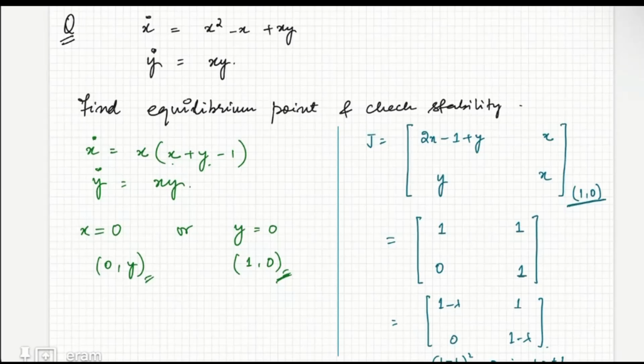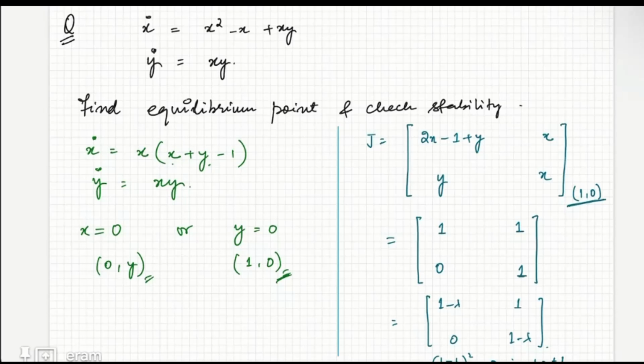And what if I start exactly at the point (1, 0)? Since it is an equilibrium point, if I start exactly at the point (1, 0), I will remain there for all future time, because that's the definition of an equilibrium point.